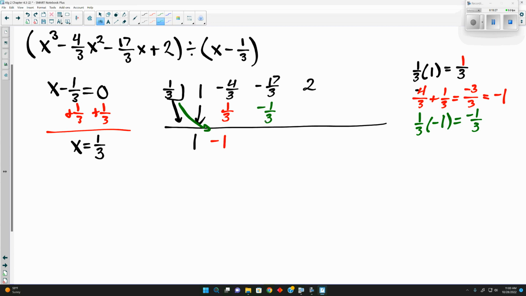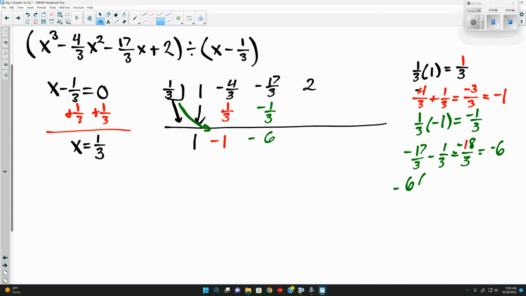Now we add these two together. And again, you could add these in a calculator, 17/3 plus 1/3, with both negative, and it's going to give you -6. Since the denominators are still the same, we have 3. -17 minus 1 is -18. 18 divided by 3 is 6, and it would be negative.